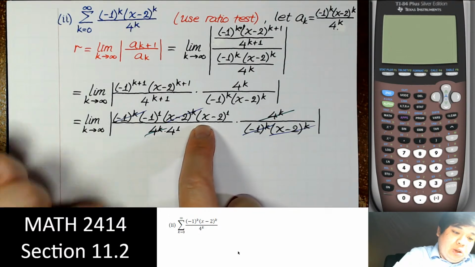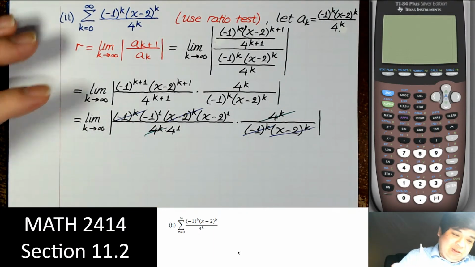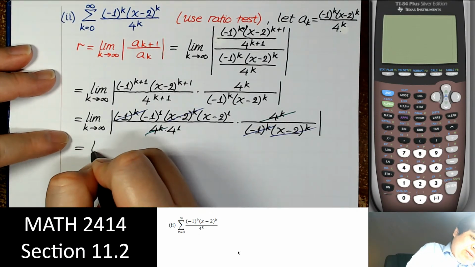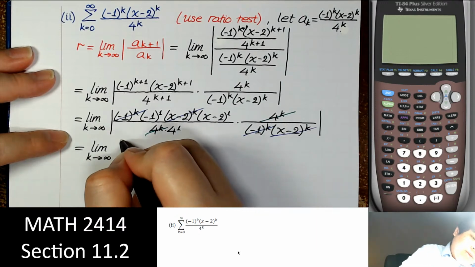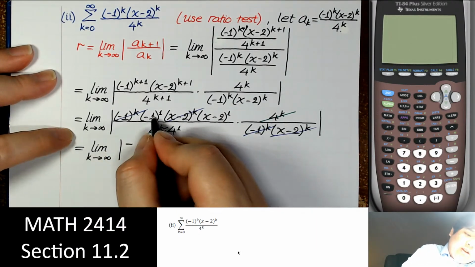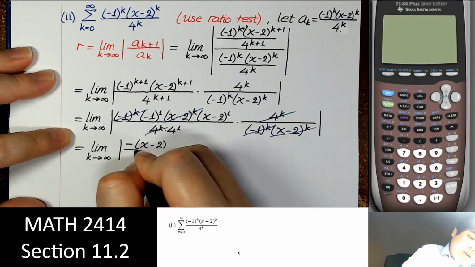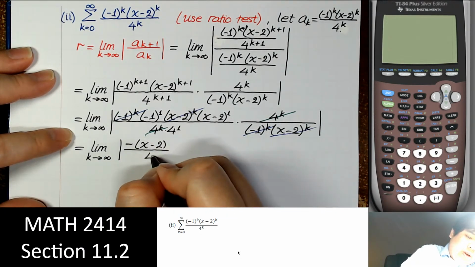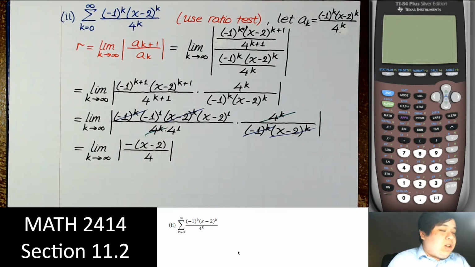X minus 2, negative 1, and 4. Negative x minus 2 and then 4. Right, so that's what's left.